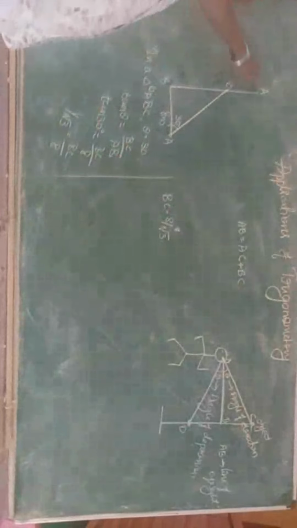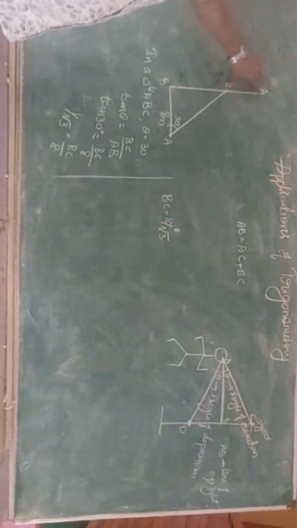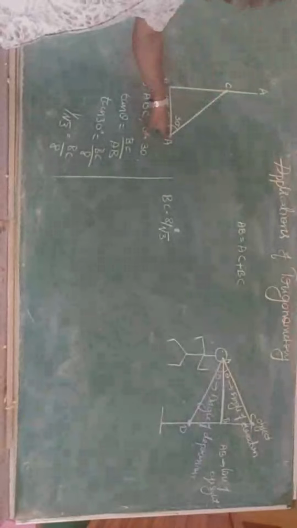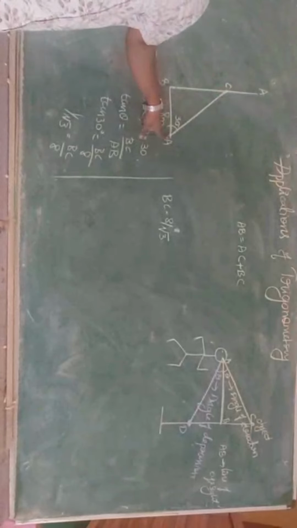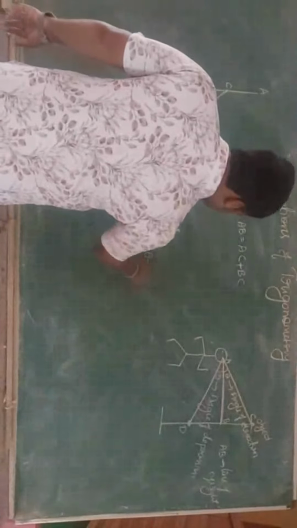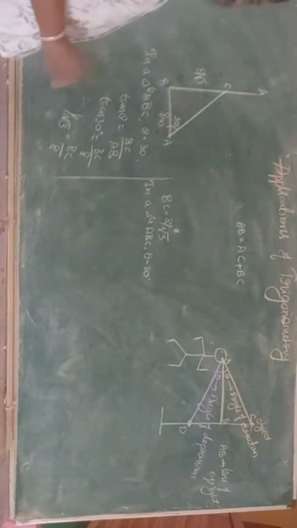But they asked to calculate the total height of the tree, which is AC plus BC. This is the broken part, and AC is the hypotenuse. In triangle ABC, theta is equal to 30 degrees. Now you can use either sine or cos.